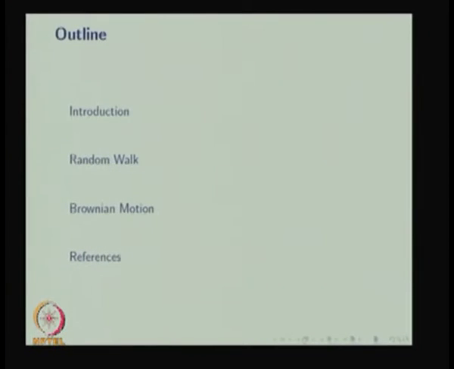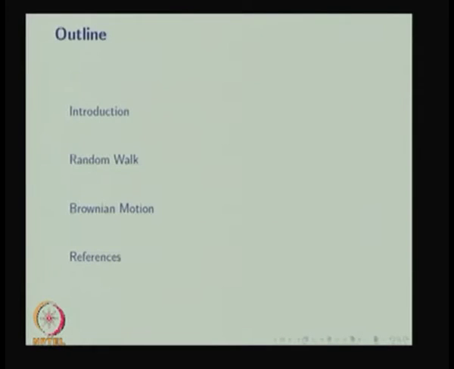In this module, we are planning to discuss the important stochastic process, that is Brownian motion. And then later we are going to discuss the processes derived from the Brownian motion.